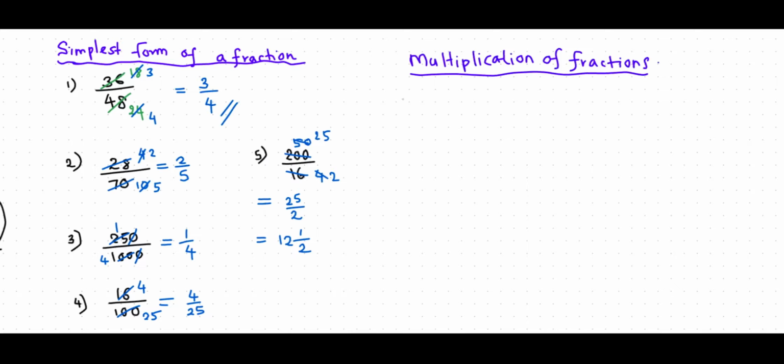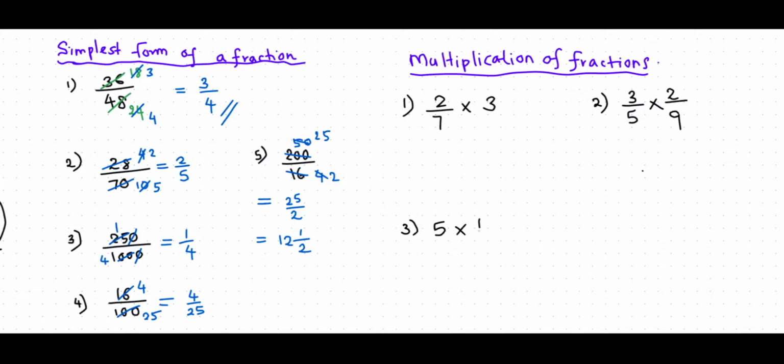We can multiply a fraction by a whole number. We can multiply 3 or 2 fractions or even more than that together, like this. We can multiply a whole number by a fraction, like this.